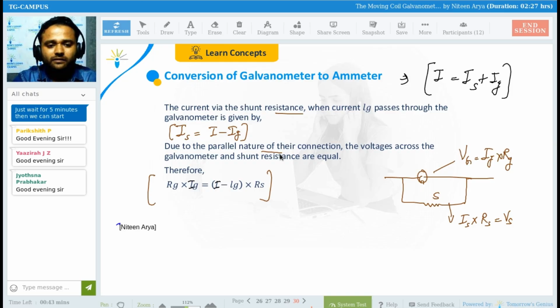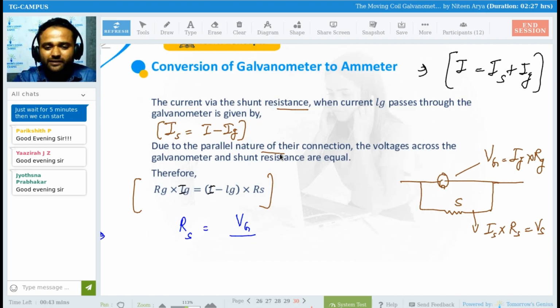First of all, the maximum number of times we need to find RS, the resistance of a shunt resistance. This is going to be, directly, you can use so many formulas. VG, the voltage of a galvanometer, divided by I minus IG.